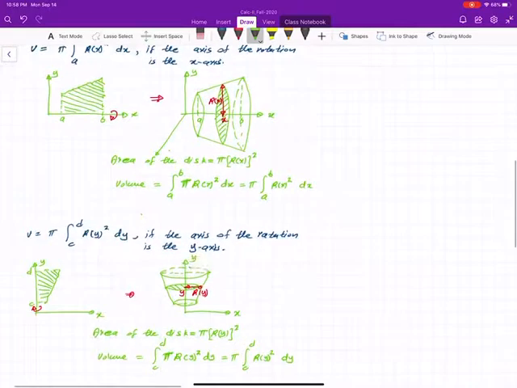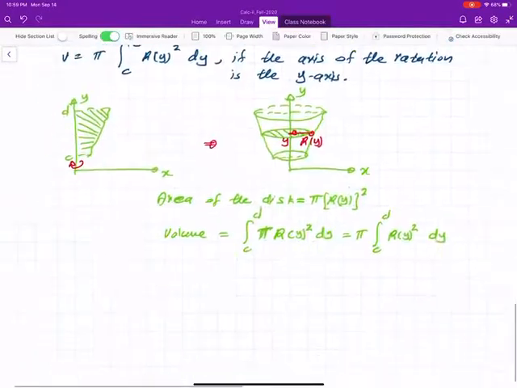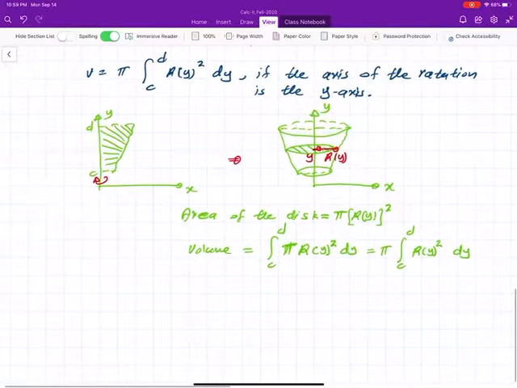Now we move to examples. We are going to discuss two examples in this section. Example number 1.